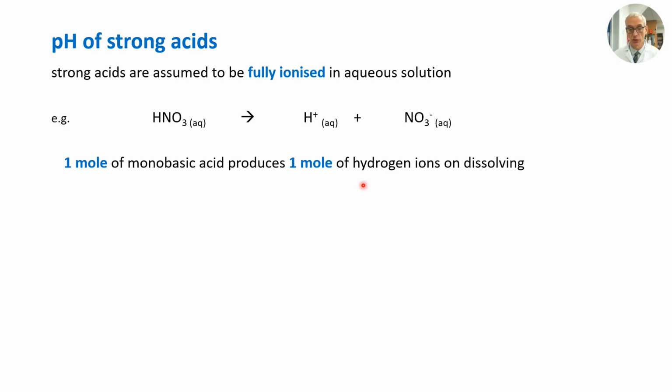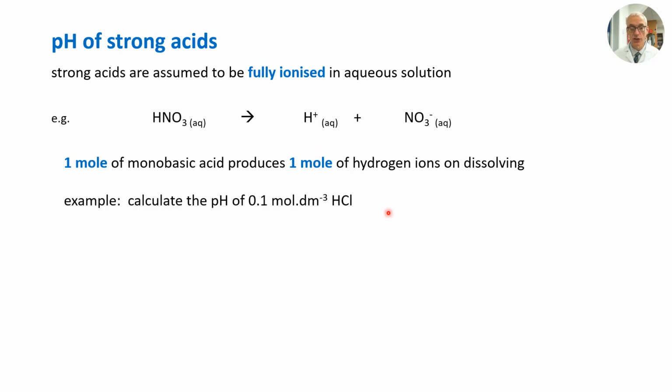And that is, of course, true for every monobasic acid, provided that it is a strong acid. So 1 mole of nitric acid releases 1 mole of hydrogen ions. So the concentration of nitric acid is the same as the concentration of hydrogen ions. Nitric acid is monobasic, nitric acid is a strong acid.